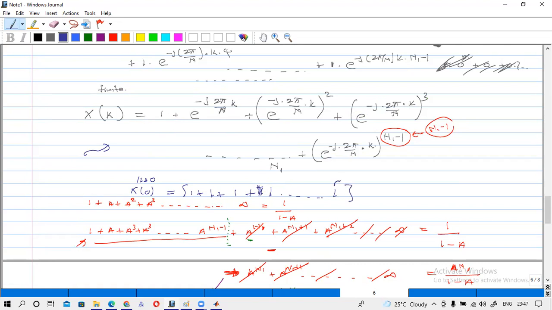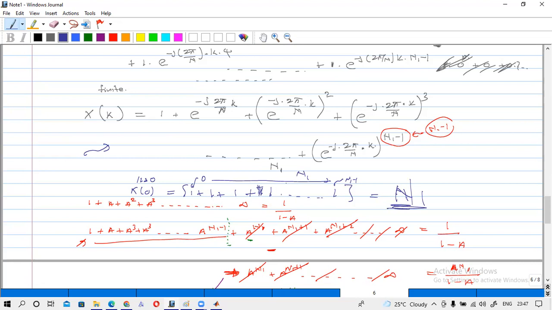So this will be your n minus 1 component, and this will be your 0 component. So you will have 1, 1, 1, n1 of them. If you add them together, you will get n1. If there are 10 ones, if you add them together, you will have 10.